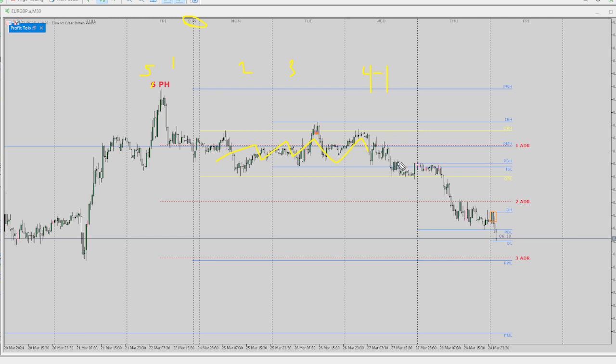I just start that as my 1. And it barely took out the low from the open range all week long, right? And then as you can see, it's following the weekly template, right? So now we have a reset to 1, 2, and then 3.